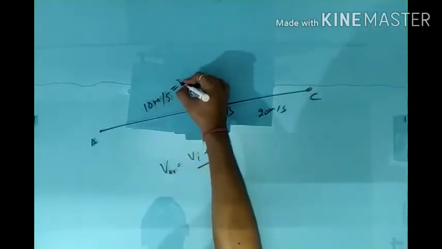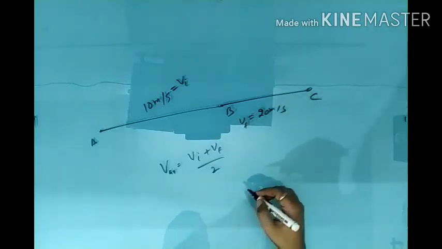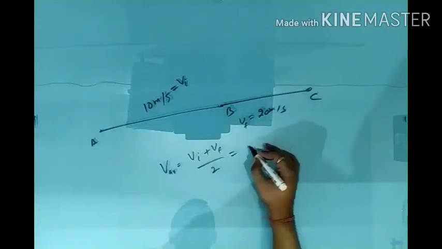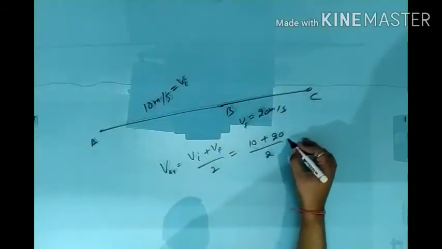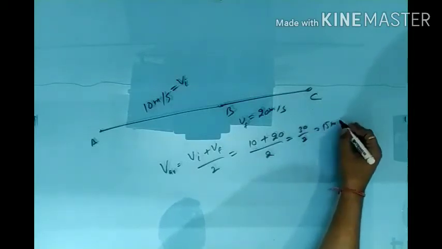This velocity is the initial velocity, this velocity is final velocity. So it is 10 plus 20 divided by 2, which is 30 by 2, means 15 meter per second.